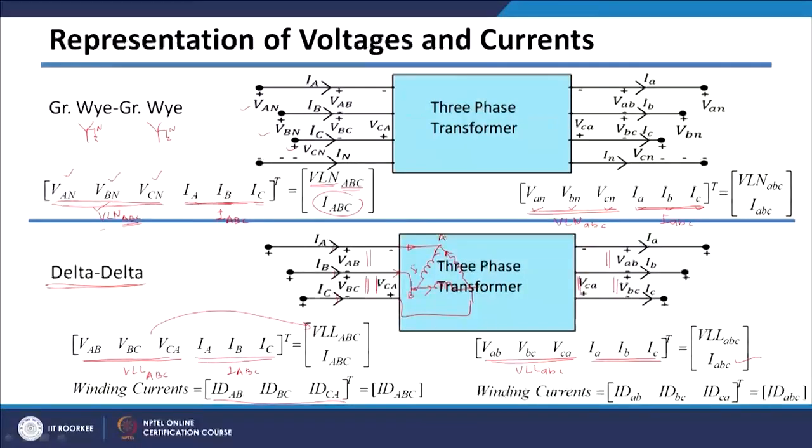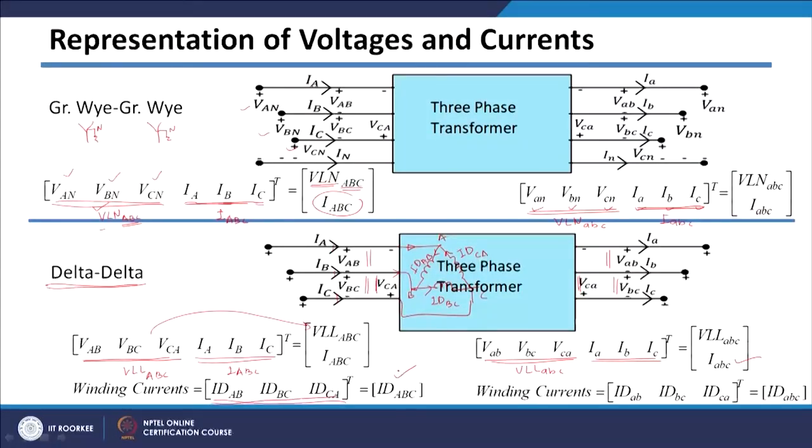So this will be your ID AB, this will be your ID BC current, and this will be your ID CA. So these three currents are like this, and collectively these three currents are written as ID ABC. Basically they represent your delta currents.